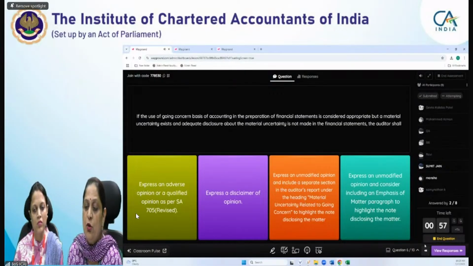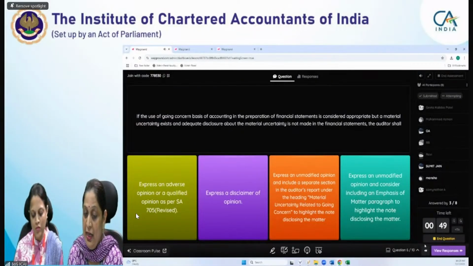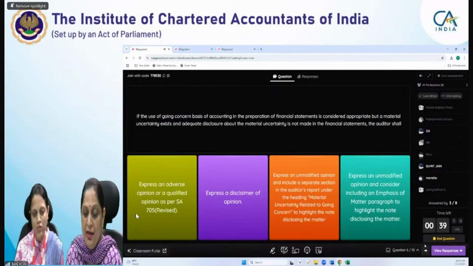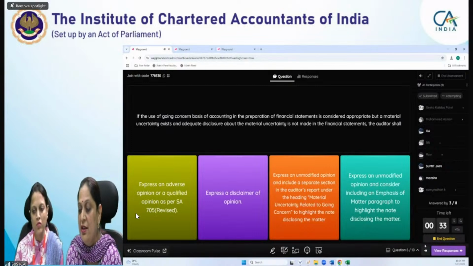Till now, only 2 students have answered, and it is a very simple and basic question based on SA 570, where we have discussed that if the going concern basis is appropriate, but material uncertainty exists and adequate disclosure is not made, what kind of audit report should be expressed by the auditor?